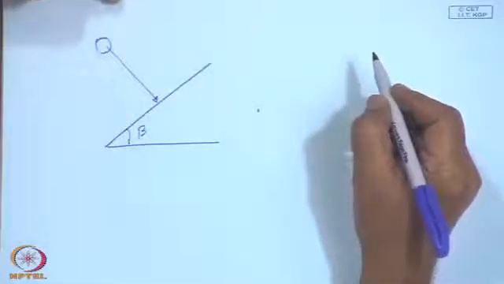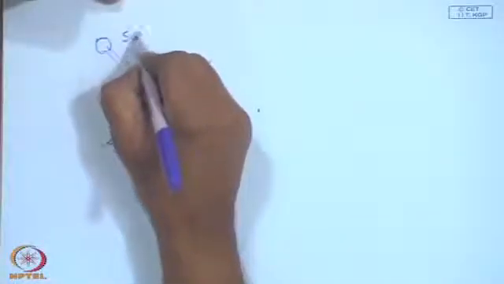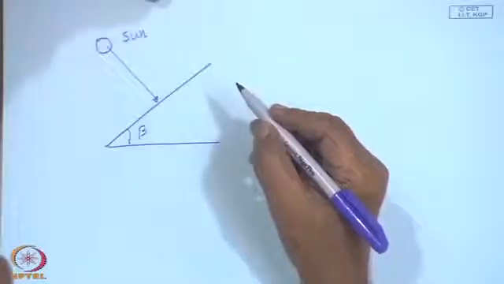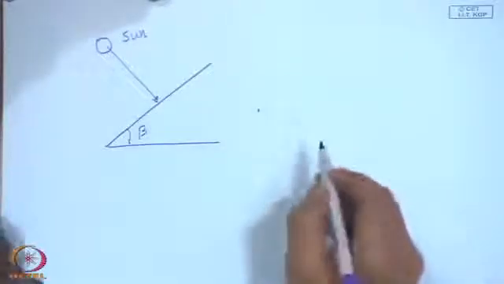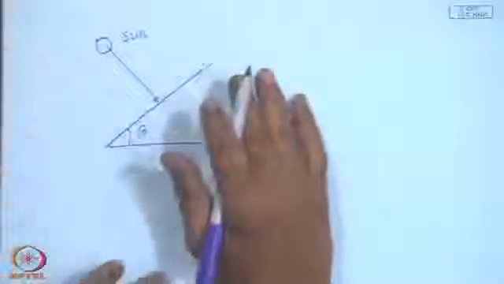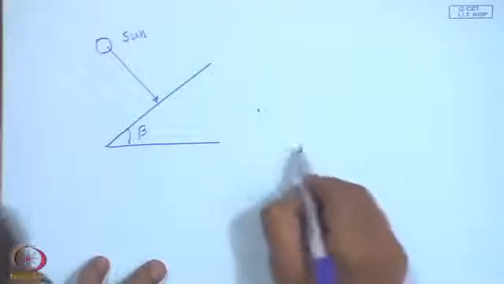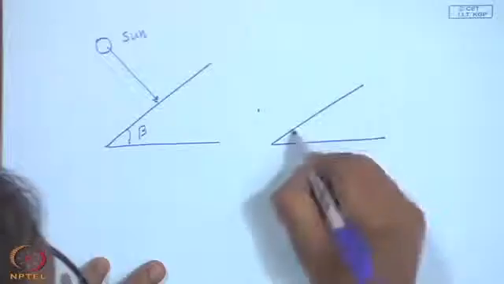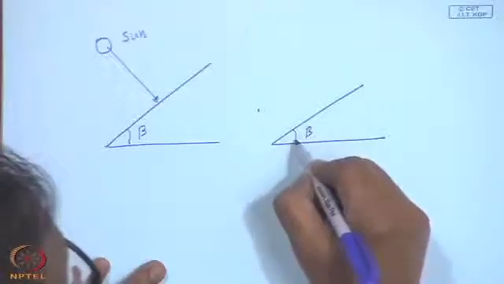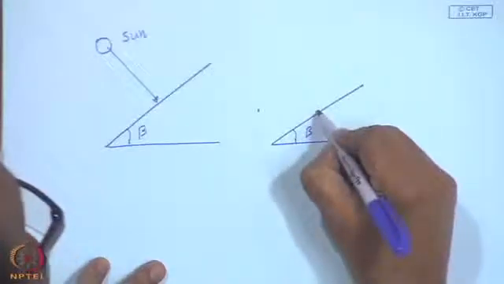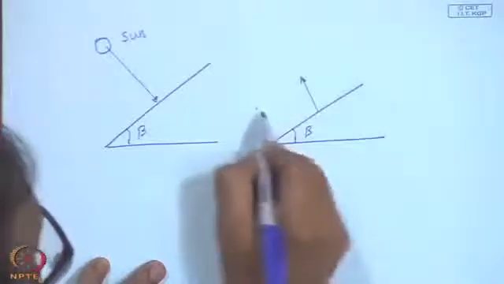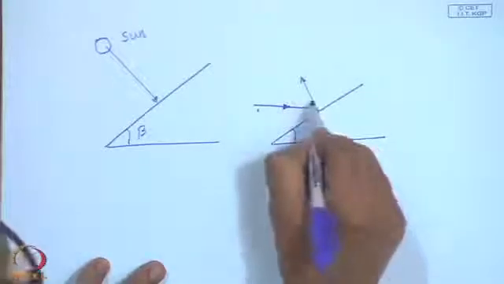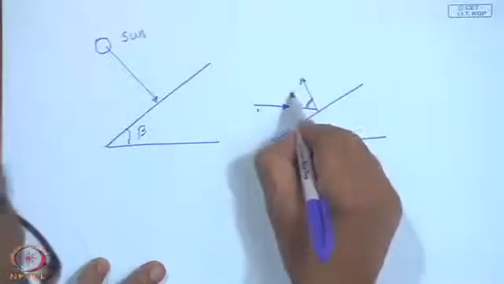So, if you want to keep it so, you have to keep on tracking it, but nevertheless I may choose some sort of a slope beta. This is the outer normal to the surface, the sun's ray may be like this, and the angle of incidence being theta.